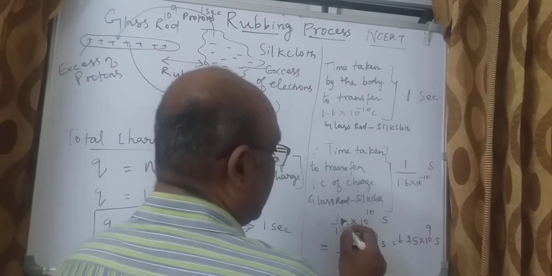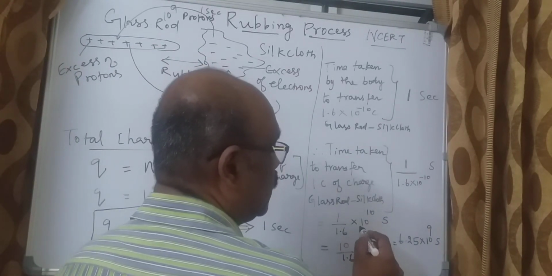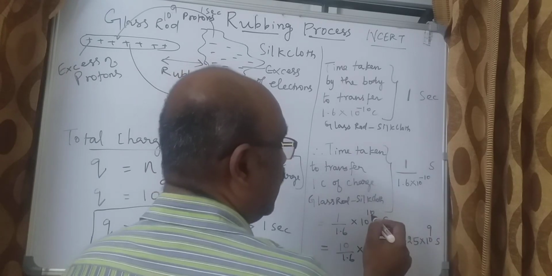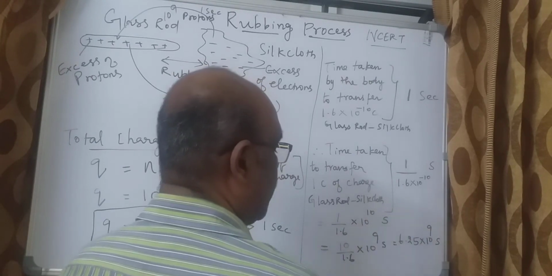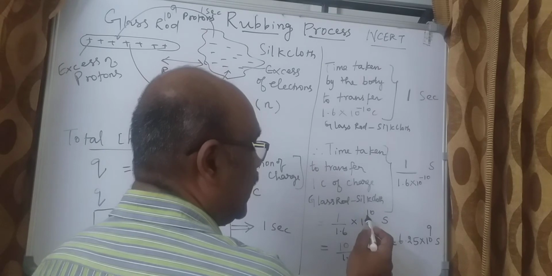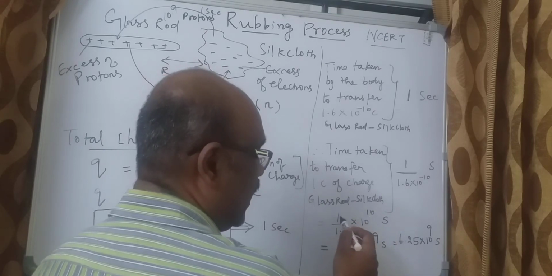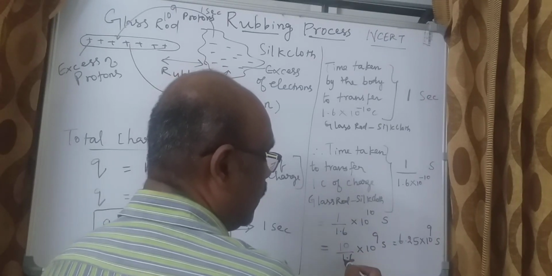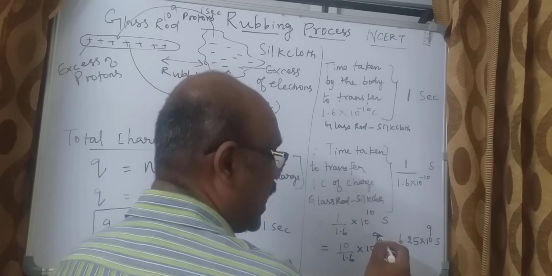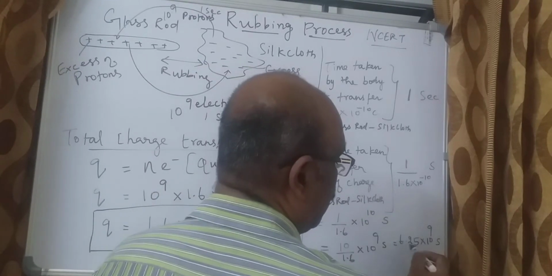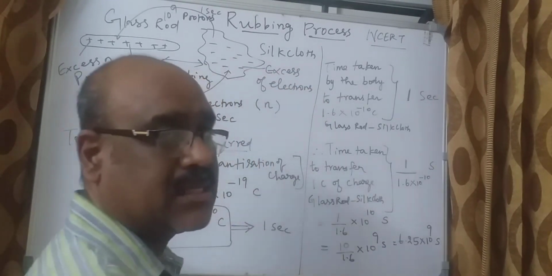That is, simply we can write 1 divided by 1.6 into 10 power minus 10; when this goes up, it becomes 10 power 10 seconds. So multiplying by 10 here, it becomes 10 divided by 1.6 into 10 to the power 9 seconds. That means 6.25 into 10 to the power 9 seconds.